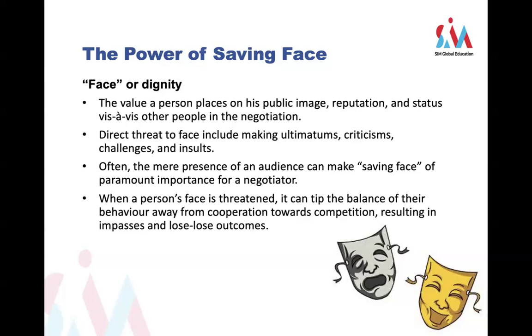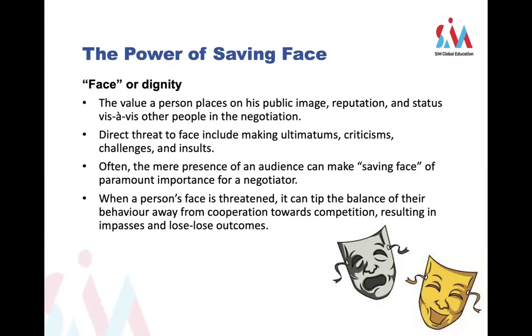about the negotiation. Now, if a person's face is threatened, okay, it can tip the balance from their behavior away from cooperation towards competition. Maybe they come to the bargaining table, they want to cooperate with you. However, sometimes emotions can run high, you get angry, you get frustrated, and you start insulting them, okay? You start criticizing them, you start challenging them. Sometimes people do that because they can't control their emotions.